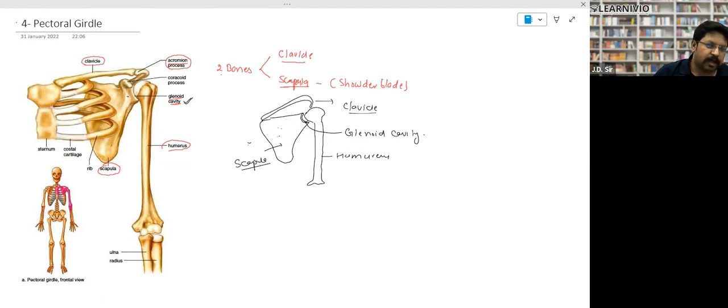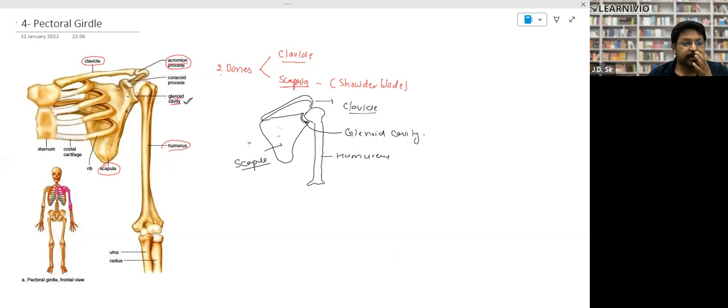And the upper part which remains outside is called the acromion process. The acromion process is just the outside part of the scapula. Our neck bone, which is called the clavicle, on one side remains attached with the clavicular notch, which I told you a while back, and on the other side it attaches with the acromion process.